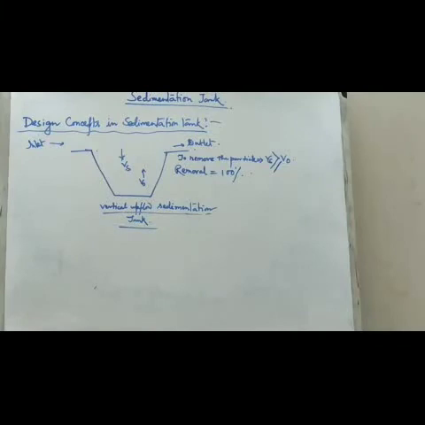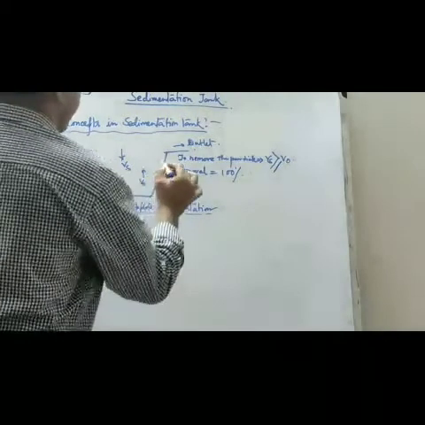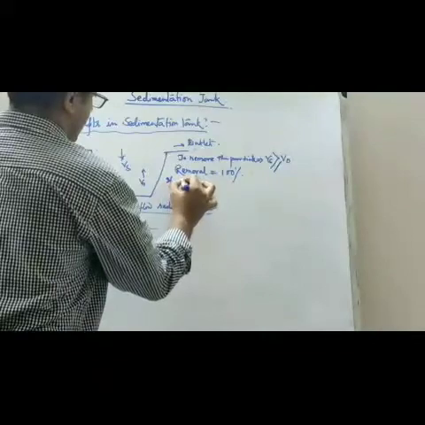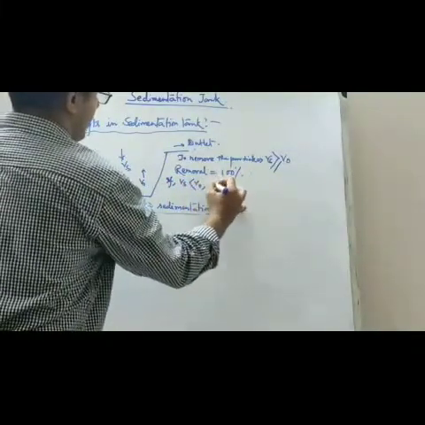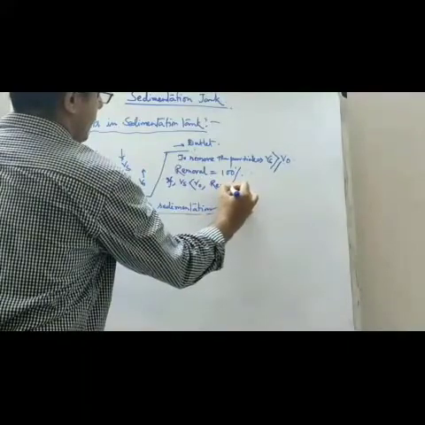Now if Vs is less than V0, then what will happen? Then one would expect 0% removal. If Vs is less than V0, what will the removal be?